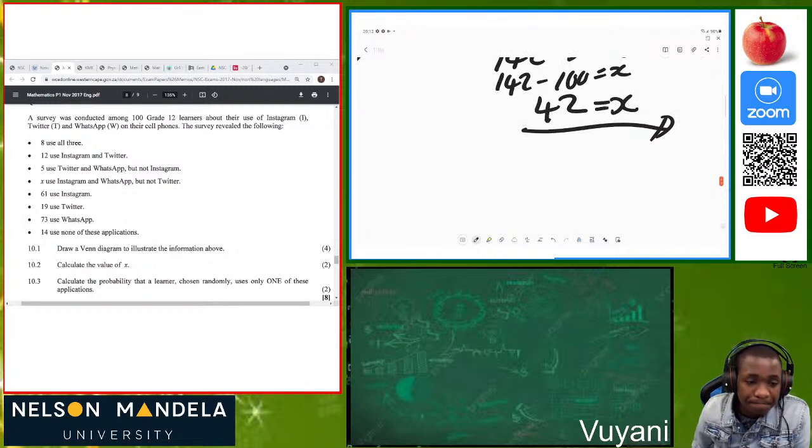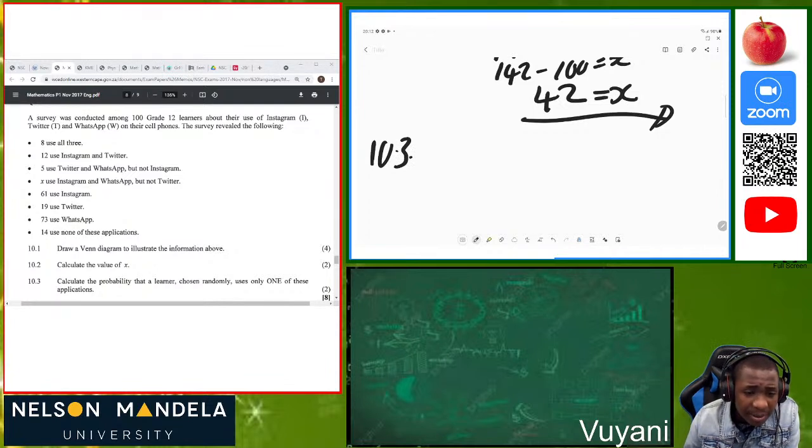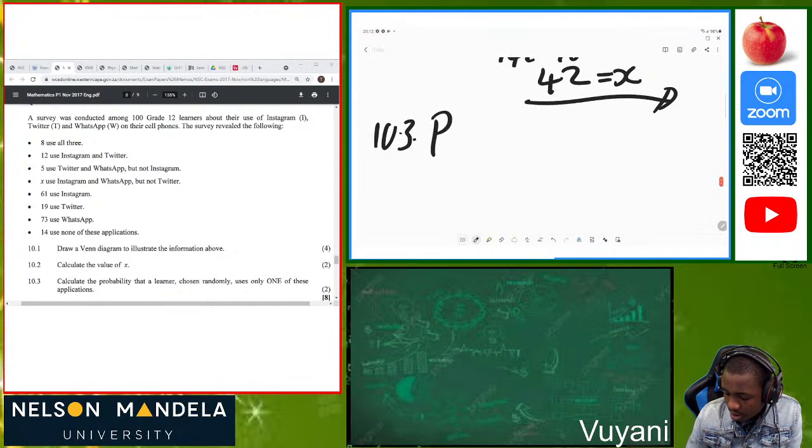All right. Now 10.3, the last one for today. It's saying calculate the probability that a learner chosen randomly uses only one of the 3 applications.